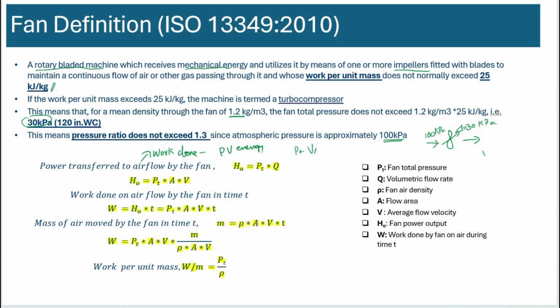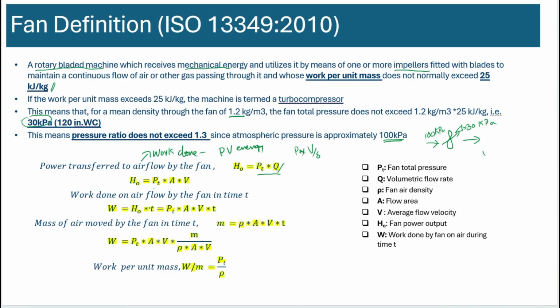Pressure times volume per second, and volume per second is the flow rate, Q. So the power transferred to the airflow by the fan is nothing but total pressure times the volumetric flow rate. Now the volumetric flow rate is nothing but area times velocity. So you could write it that way too.